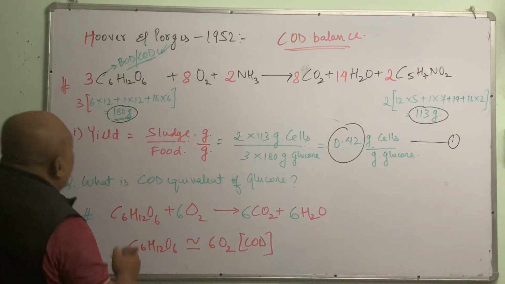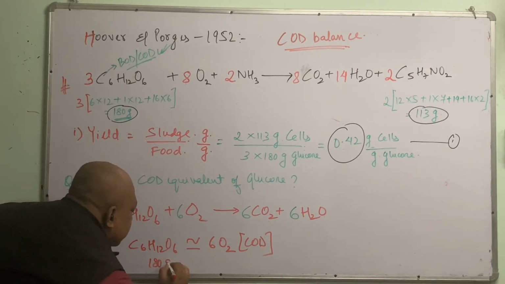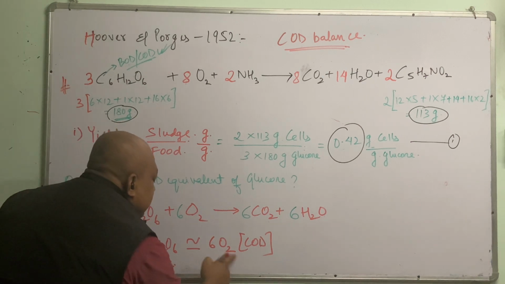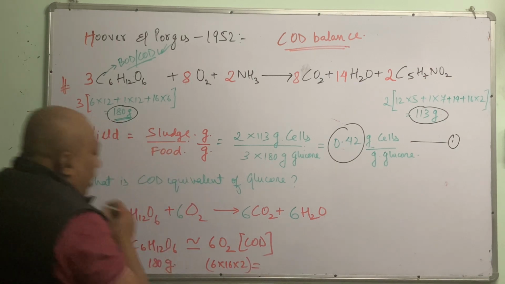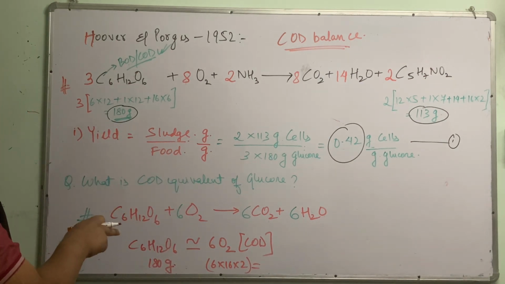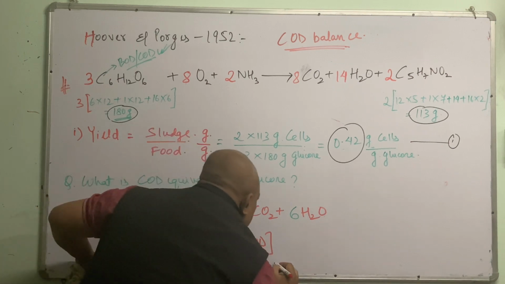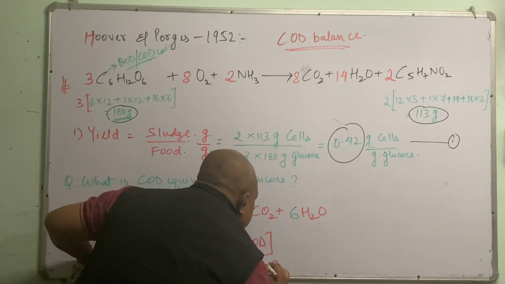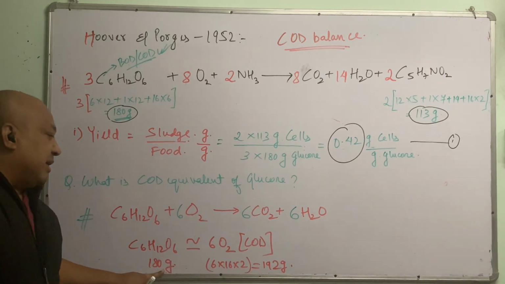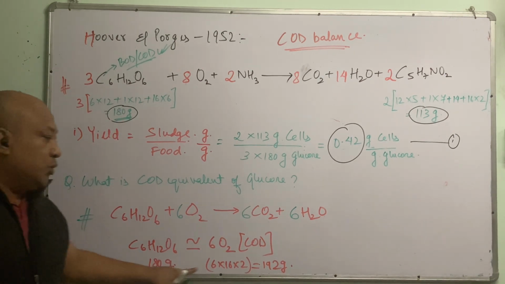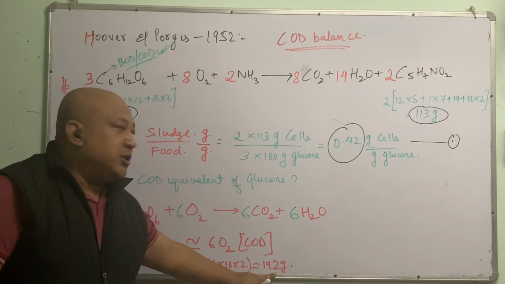And what is this? This is already 180 grams. And this is 6 into 16 into 2, 32. 6 times 32 is 192 grams. That means 180 gram of glucose is equivalent to 192 gram of COD.